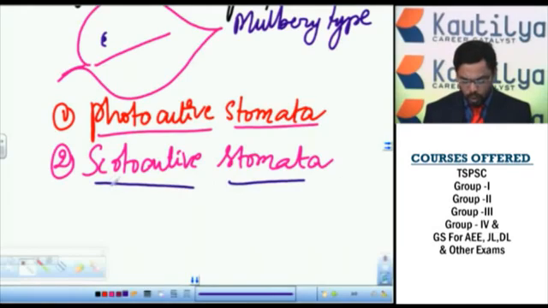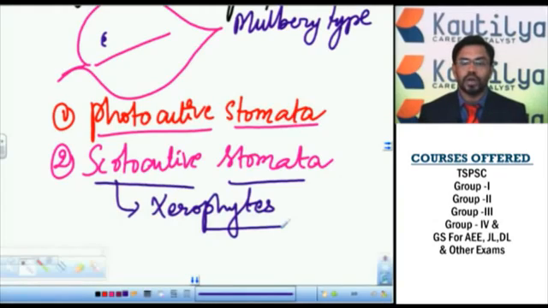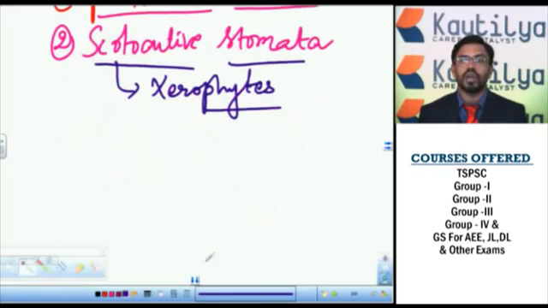This scotoactive stomata is present in some xerophytic plants. It is an adaptation to reduce the rate of transpiration, as the xerophytic plants grow in areas where water scarcity is more. To reduce the rate of transpiration, the stomata are modified to open during night time and close during daytime.